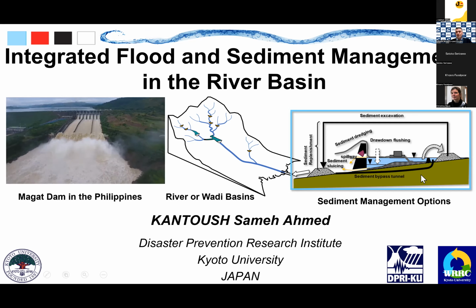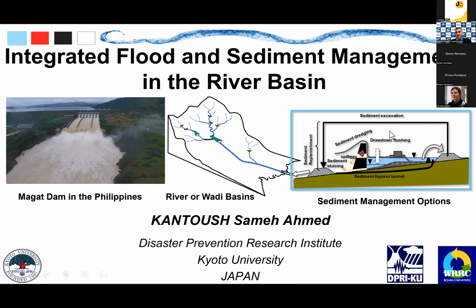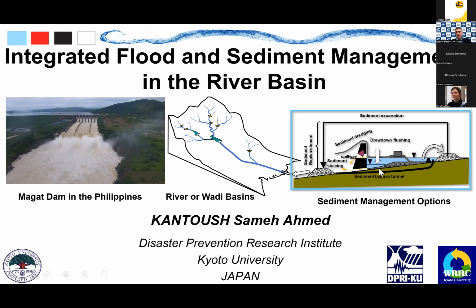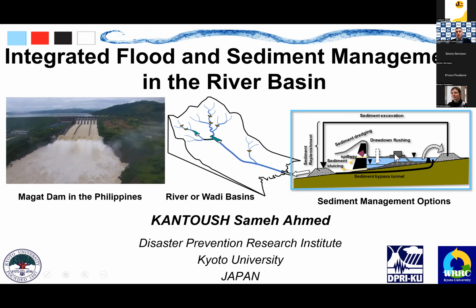And the last picture showing the reservoir, which is here, and just before the dam, here's the dam, this is the reservoir, and the water is coming from the upstream, going to the downstream in the river or the wadi. And once we have a reservoir or construct a dam, then many issues arise related to reservoir sedimentation.